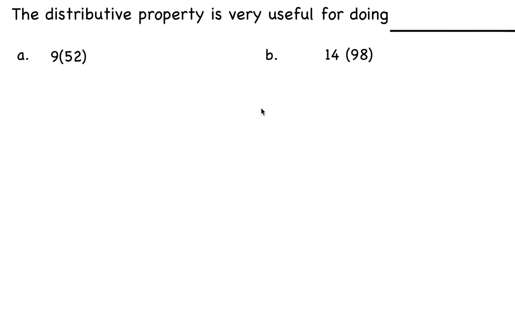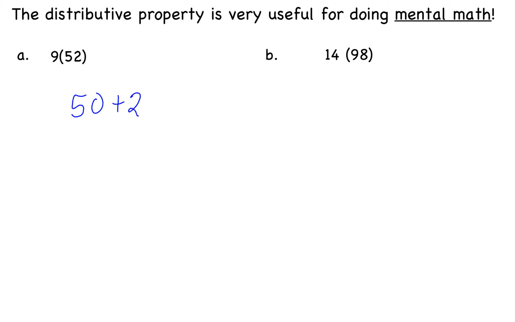So one of the really cool things that the distributive property does is it helps us to do mental math. Yay! Everybody loves to do mental math. So this is actually pretty cool because you can do these multiplication of big numbers in your head just by using the distributive property. And I love this. So what we can do is write the number 52 as 50 plus 2 because those numbers are easier for me to multiply in my head, right?